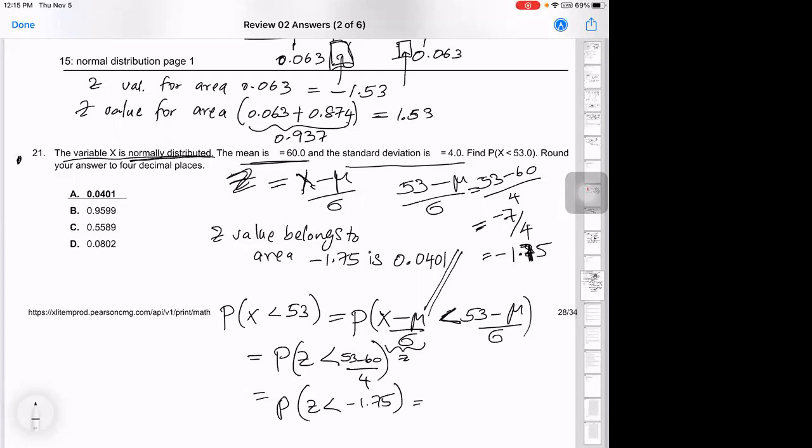Sorry, this is the Z value. I'm sorry, I think I missed it. This is going to be a Z value, so you have to find the area. Sorry, let me write this.